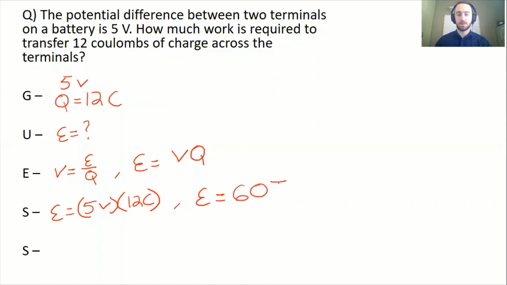of 60 joules. If we do unit analysis here, we have energy is equal to volts multiplied by coulombs, and volts is joules per coulomb. If we're multiplying by coulombs, our coulombs cancel out, and we're left with energy in joules. So there we go.